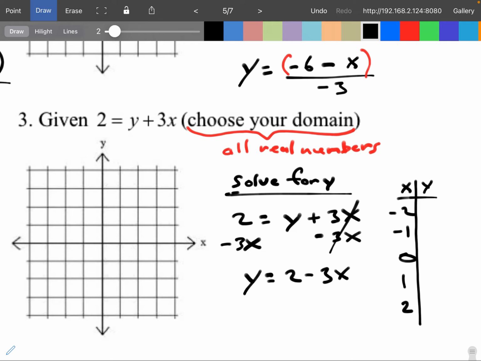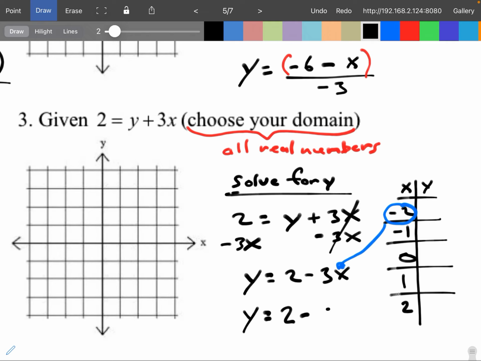All right, now we need to make a table. I think I can probably fit this one over here. So I'm going to pick -2, -1, 0, 1, and 2. Those are going to be my x's or my inputs.